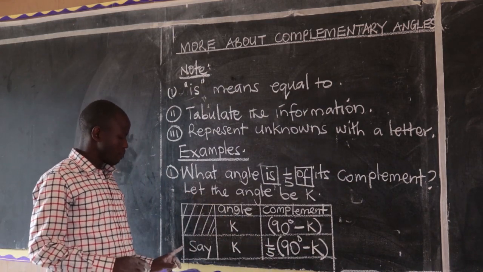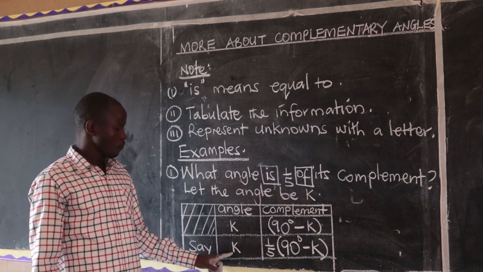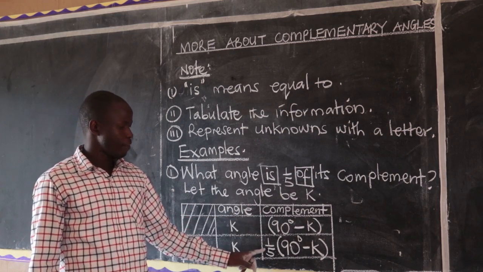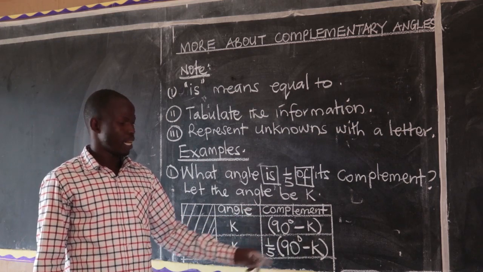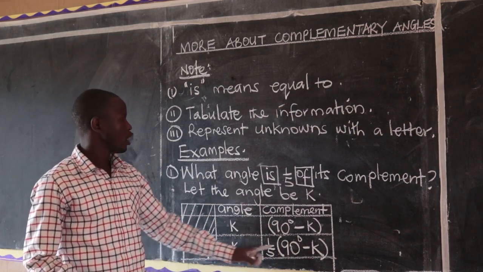Now when you reach this step of our table where we have K under angle, and then under complement, a fifth into brackets 90 degrees minus K, the two parts become equal.